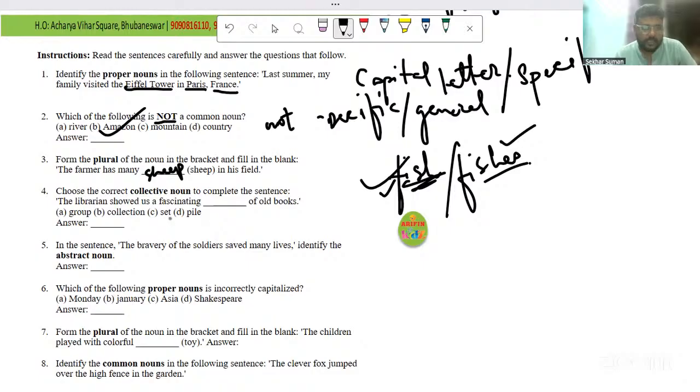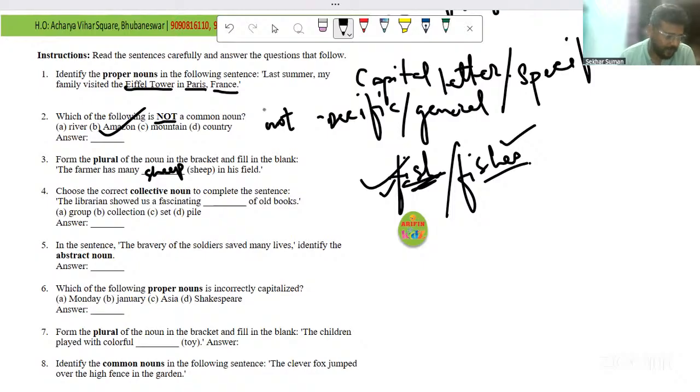Quickly, let us move to question number 4 and let us go ahead with choose the correct collective noun to complete the sentence. Okay. The librarian showed us a fascinating dash of old books. Yes, Somiti.